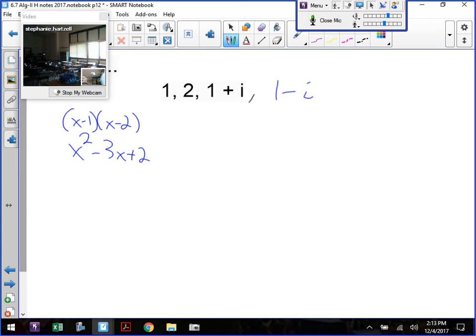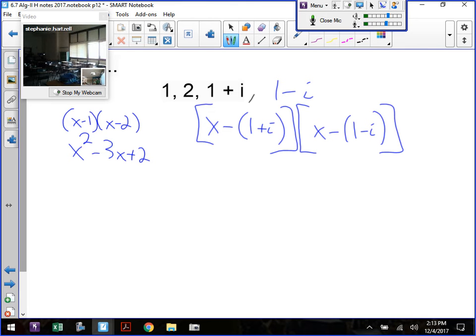Remember, that's going to be x minus the quantity 1 plus i, and x minus the quantity 1 minus i. And quite honestly, if you did the u substitution once, you probably don't need to do it again because of the pattern that evolves. It's the same pattern every time. You get x minus 1 plus i.